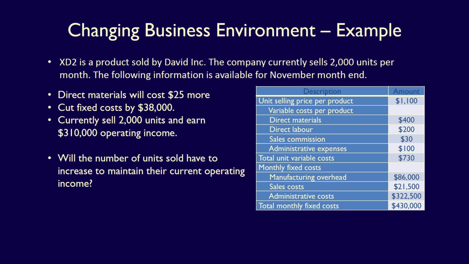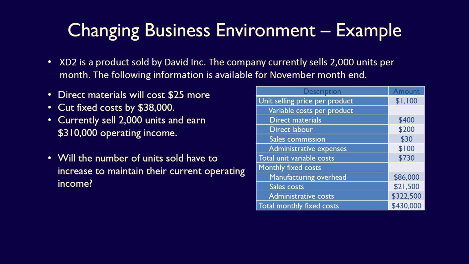A supplier for David Inc. is increasing their prices and, as a consequence, direct material costs will increase by $25 per unit. In order to maintain the same selling price, the company plans to cut fixed manufacturing overhead costs by $38,000.